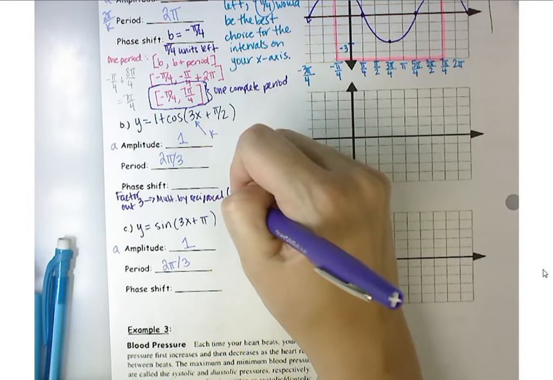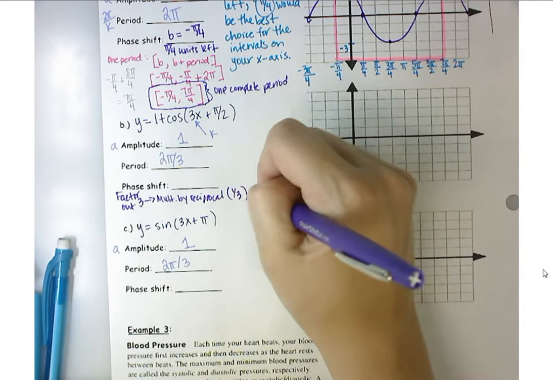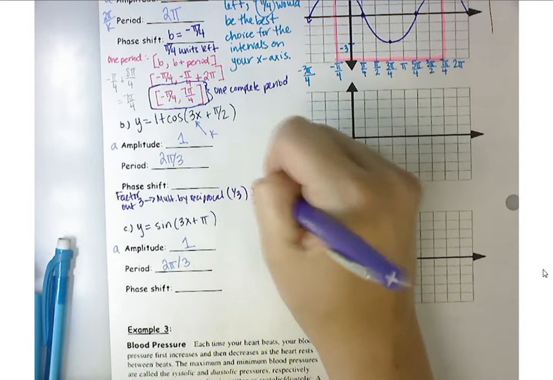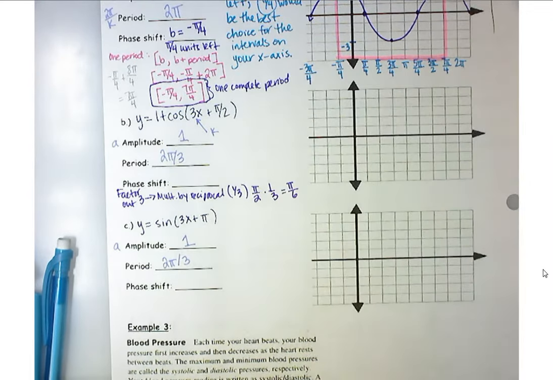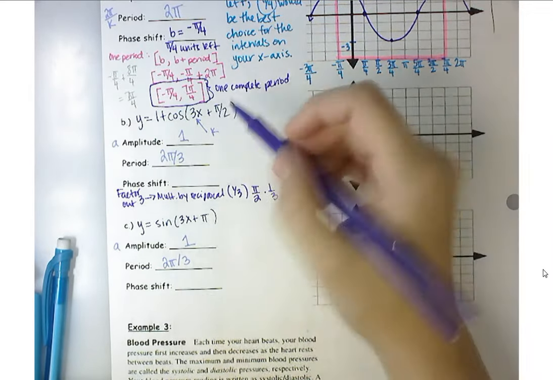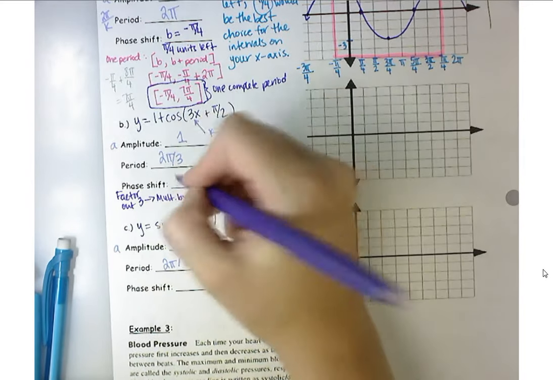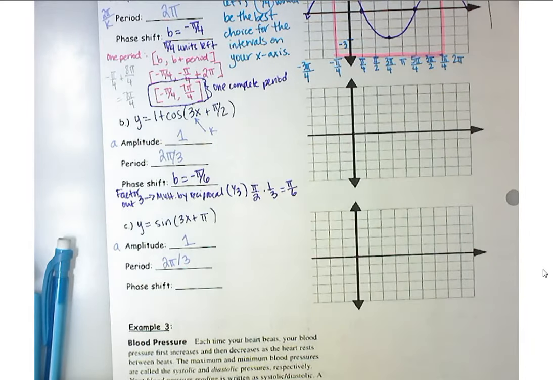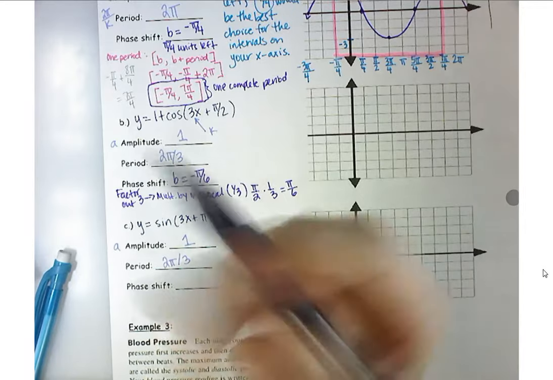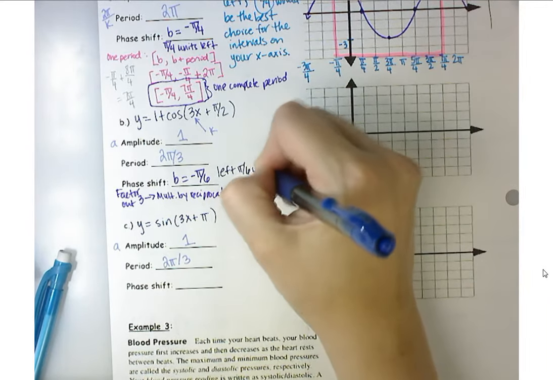What's the reciprocal of 3? 1/3. Okay, so pi over 2 times 1/3 is what? Pi over 6. Okay, now because this is plus here, if it's plus, it'll be negative pi over 6. Okay, and then that means that the graph is moving left pi over 6 units.